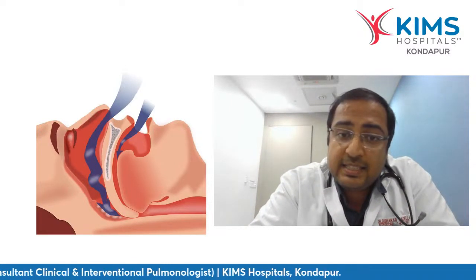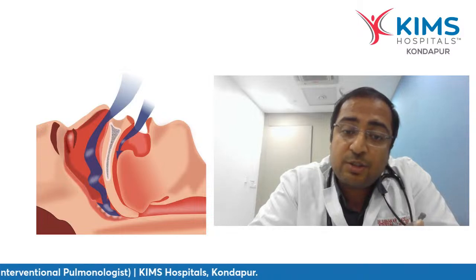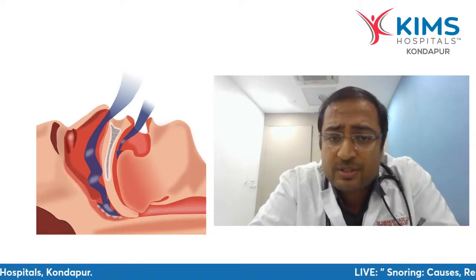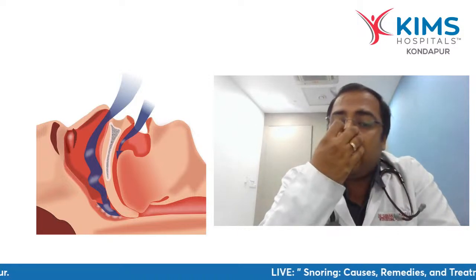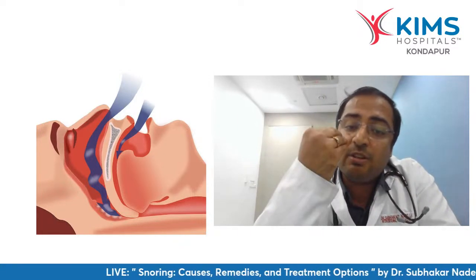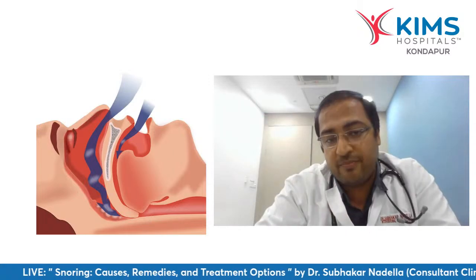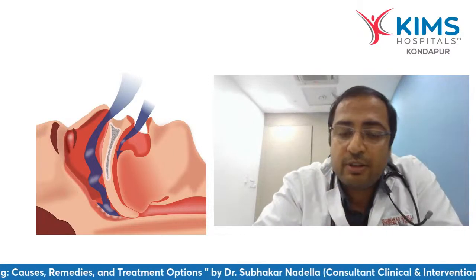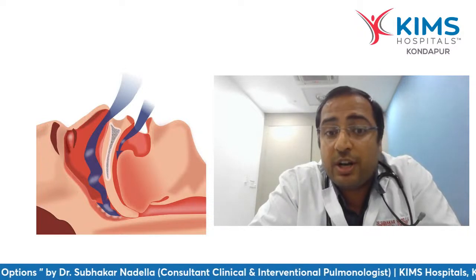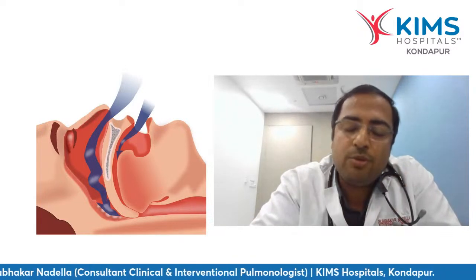This has to be done as an in-house procedure in a proper sleep lab. We'll put a mask on you where these pressures will be adjusted by us from the outside, and the leads will be connected so that we'll be watching how much pressure your body needs.